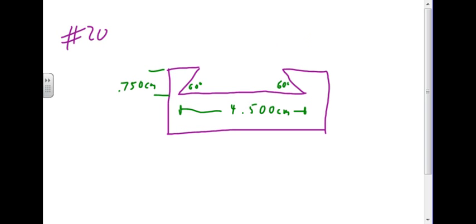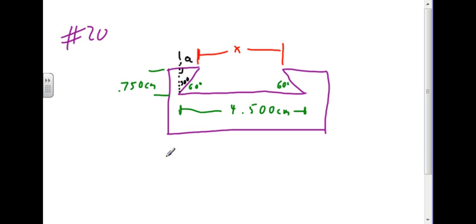And I want to find x going between there and there. So if all I were to do was find this amount over here, A, and I subtracted 2 of them from that 4.5, I would find x, right? Okay, so if this is 60, and that's a right angle, then this side has to be 30.